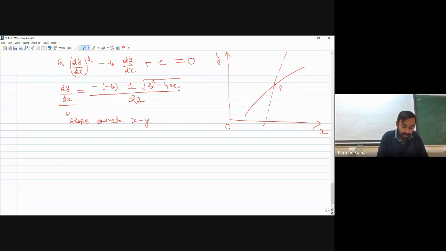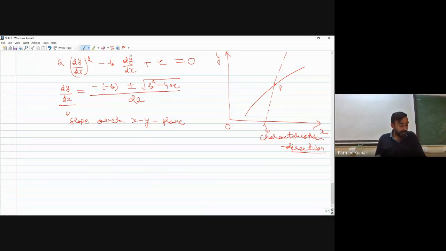So whatever value of dy by dx we get while solving this quadratic equation will represent the slope of this particular curve. So this characteristic line, or I can call it characteristic direction, its slope is what we are calculating from the solution of this quadratic equation.